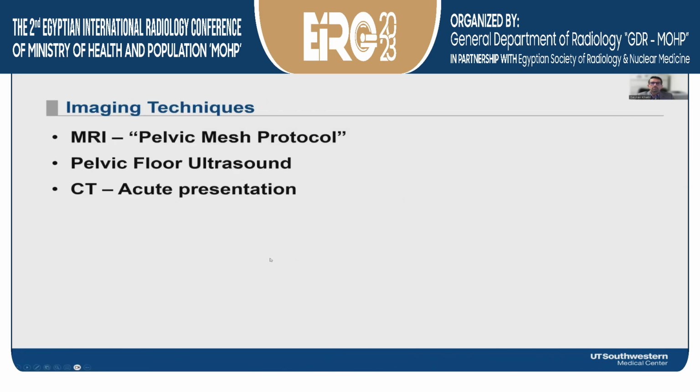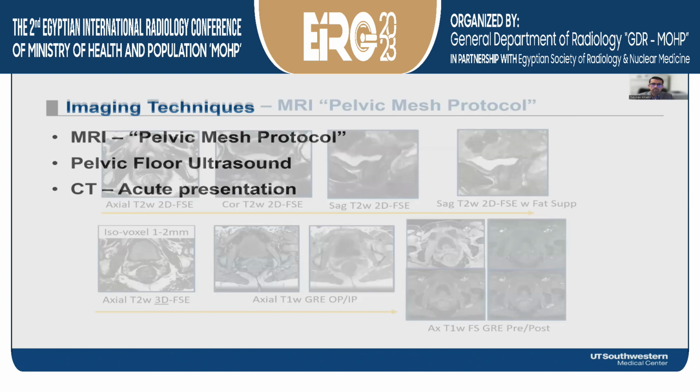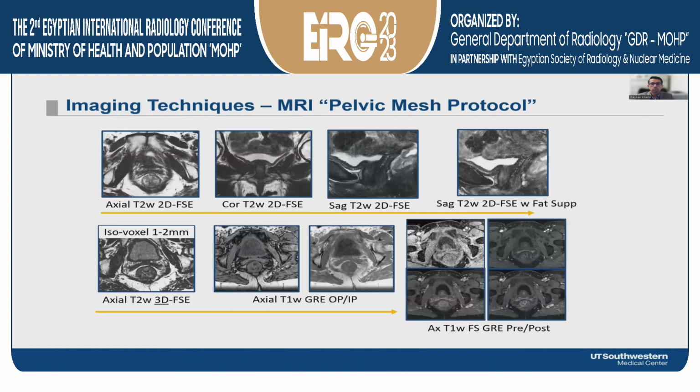So we can image these patients with either MRI, pelvic floor ultrasound, or in the acute presentation with CT. So here is our institutional MRI pelvic mesh protocol. We start with axial T2 weighted 2D images, as well as coronal and sagittal 2D T2 weighted images. And then we do one 2D T2 in one single plane with fat suppression. We typically do that in the sagittal plane.